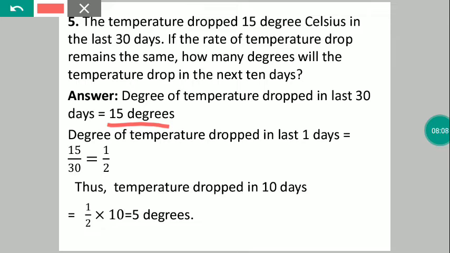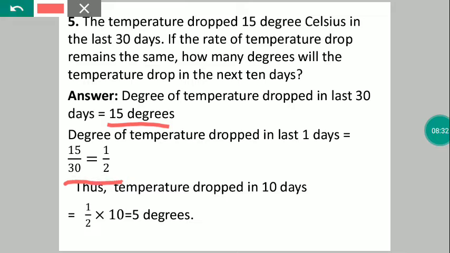Now what is the temperature drop in 1 day? It is 15 upon 30, which is equal to 1/2.